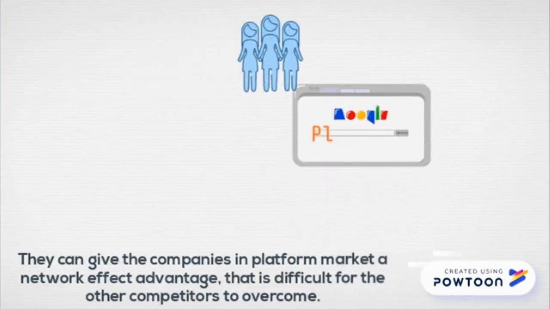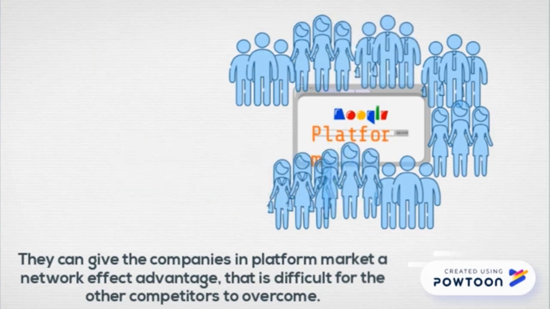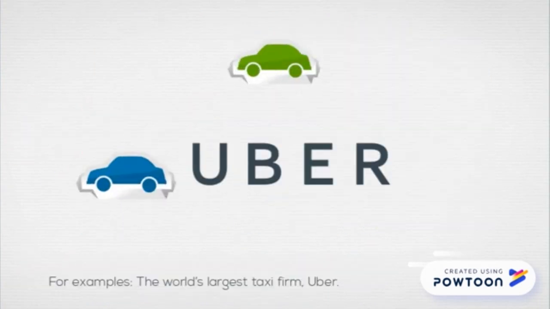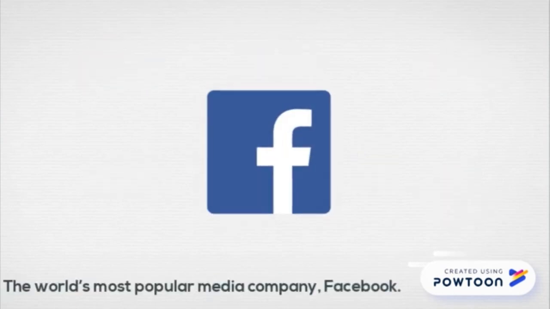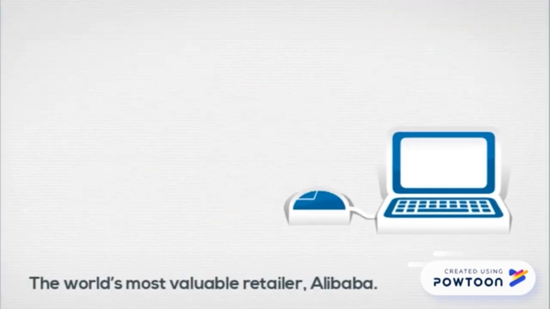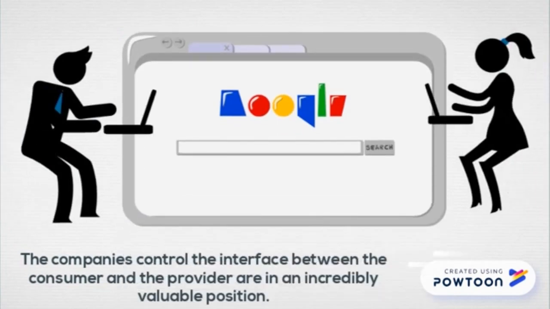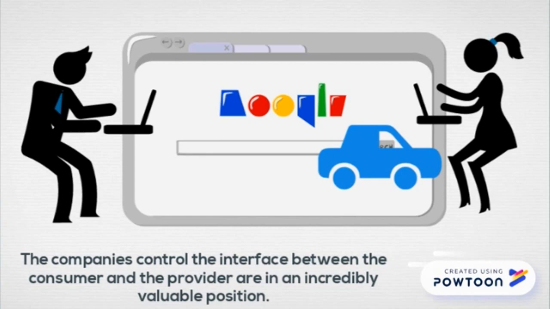They can give the companies in the platform market a network effect advantage that is difficult for other competitors to overcome. For example, the world's largest taxi firm, Uber, the world's most popular media company, Facebook, the world's most valuable retailer, Alibaba. The companies that control the interface between the consumer and the provider are in an incredibly valuable position.